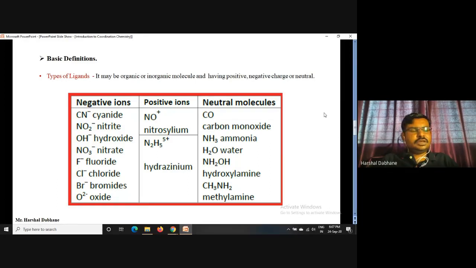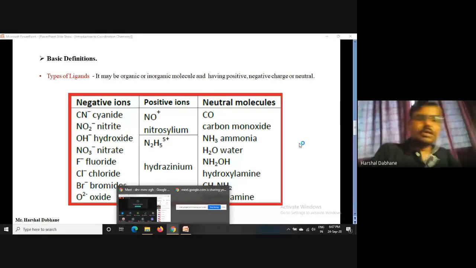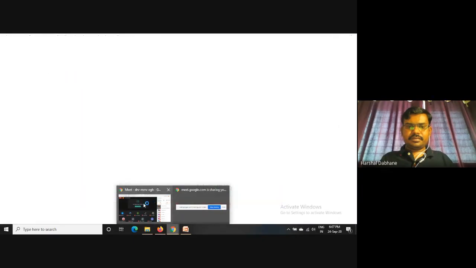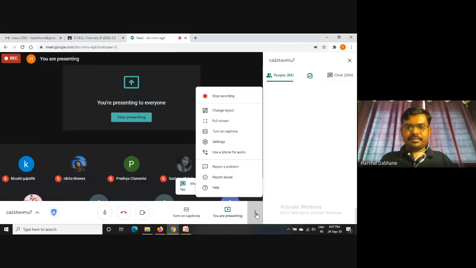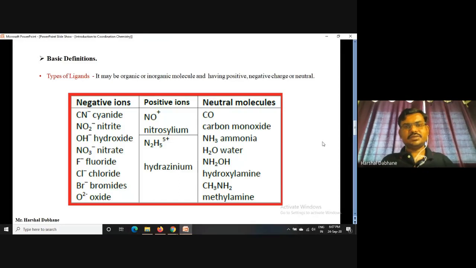I think in your book we have a list of these ligands, so you go through it. By observing it you can tell which type of ligand it is, either negative, positive, or neutral.